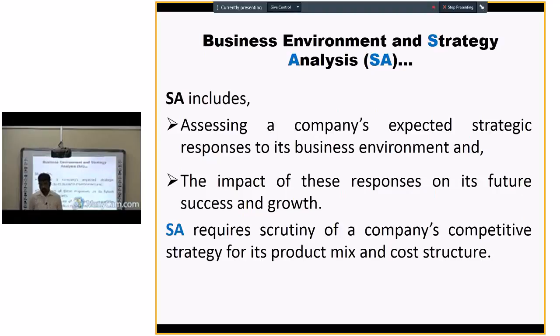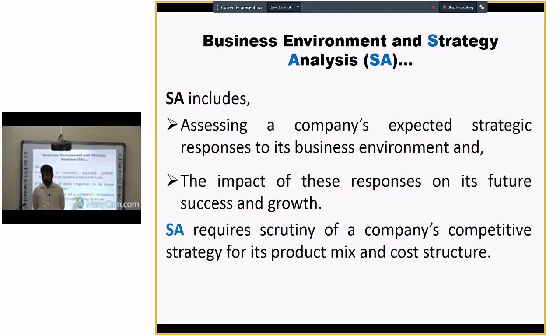Strategy analysis includes assessing a company's expected strategic responses to the business environment and the impact of these responses on its future success and growth. Further, it requires scrutiny of a company's competitive strategy for its product mix and cost structure.